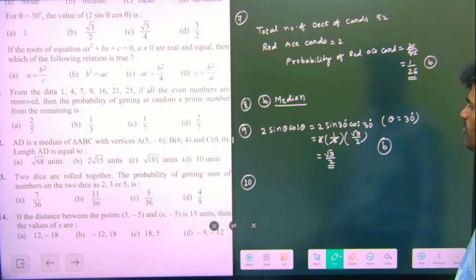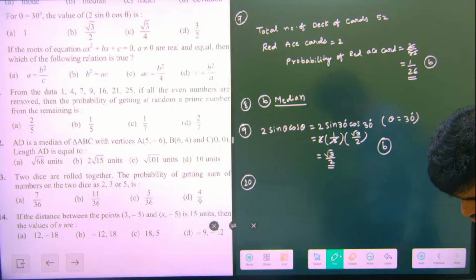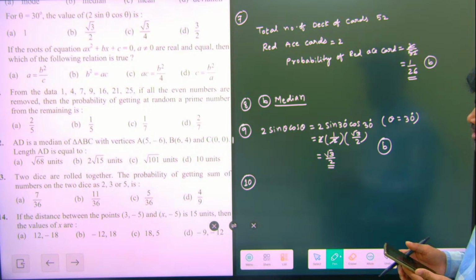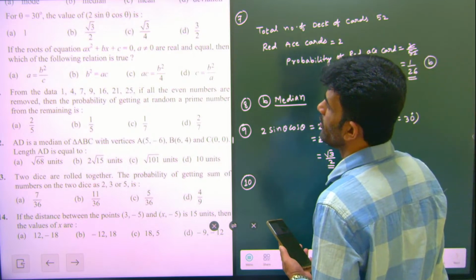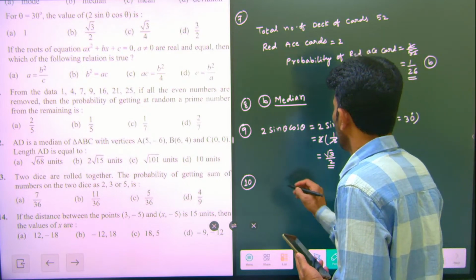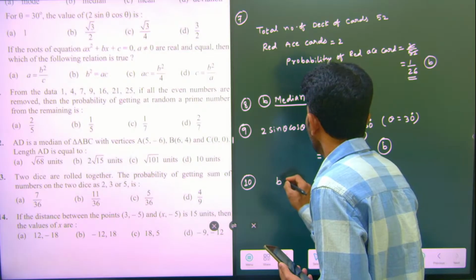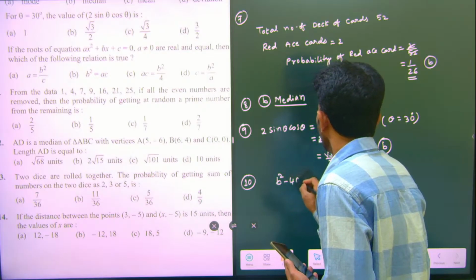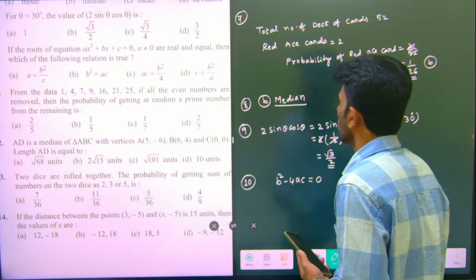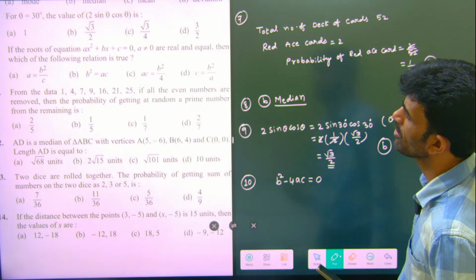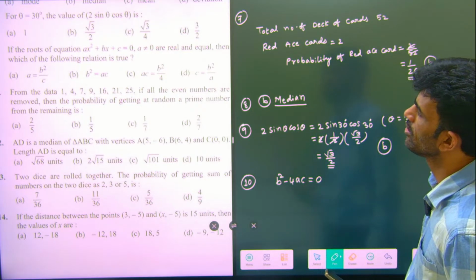We have done this before also. They said roots are equal. Then which option is correct? So what we do here, we take the discriminant. Discriminant b square minus 4ac is equal to 0. Is it given b square minus 4ac is equal to 0 there?